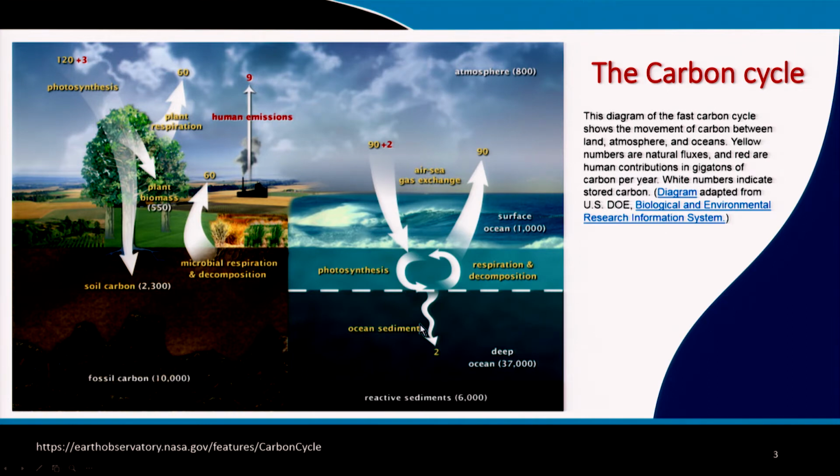Even though bacteria and algae grow in aquatic systems, this CO2 that is produced in water is going to also enter into the atmosphere because of air-sea gas exchange. So that is what is governed by Henry's law, and that is beyond the anthropogenic emissions. That is the other biggest source of CO2 in the atmosphere.